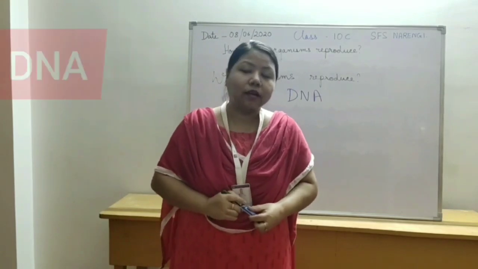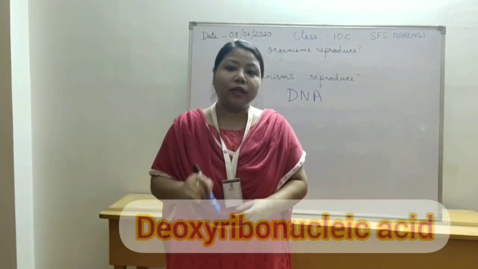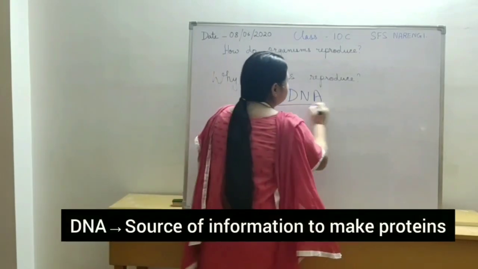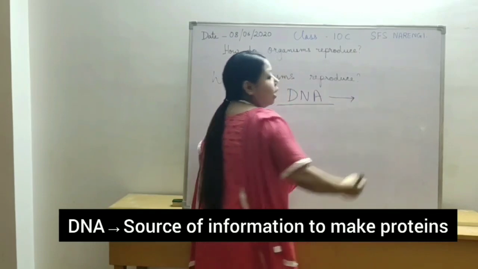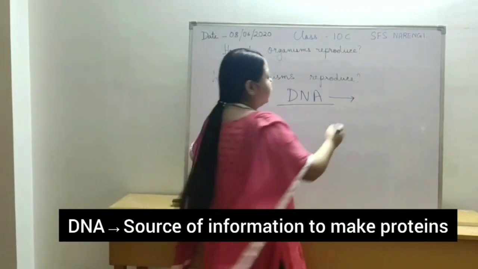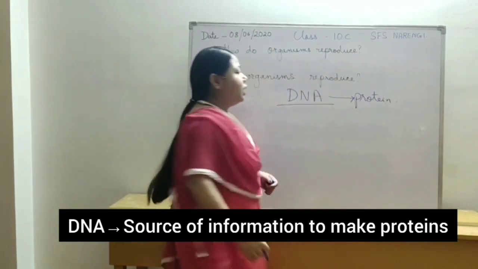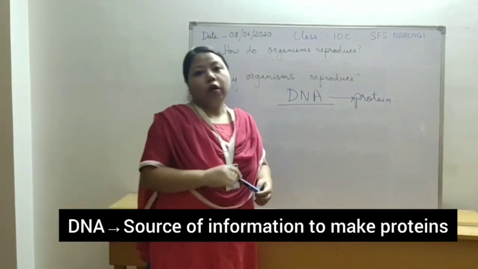And what is the full form of DNA? Deoxyribonucleic acid. So, the DNA is the source of information to make the protein. Okay, so DNA is the source for information to make the protein.